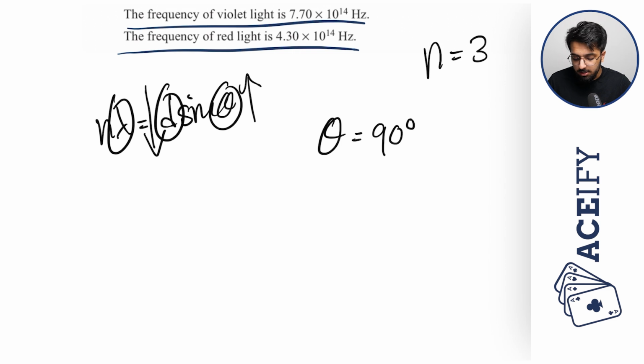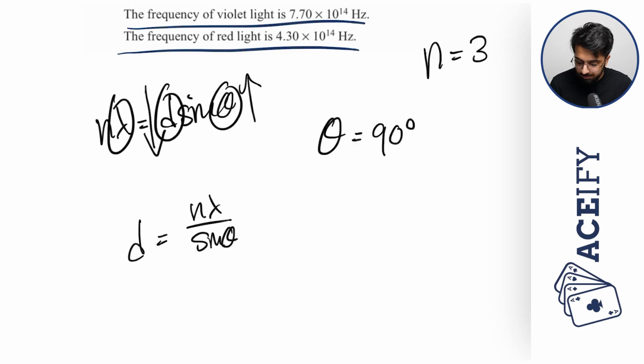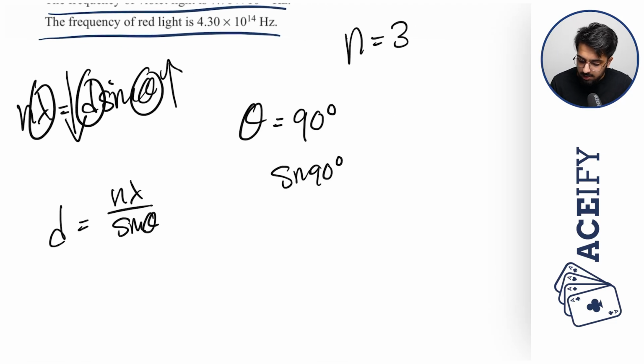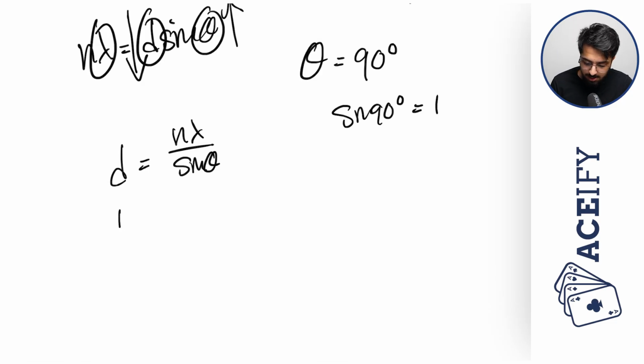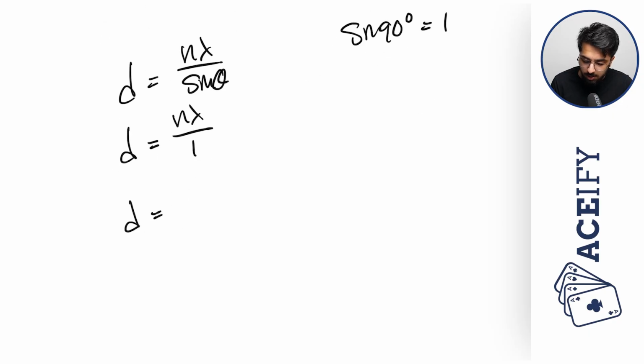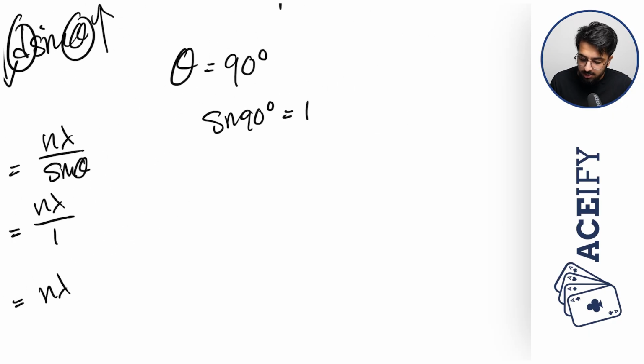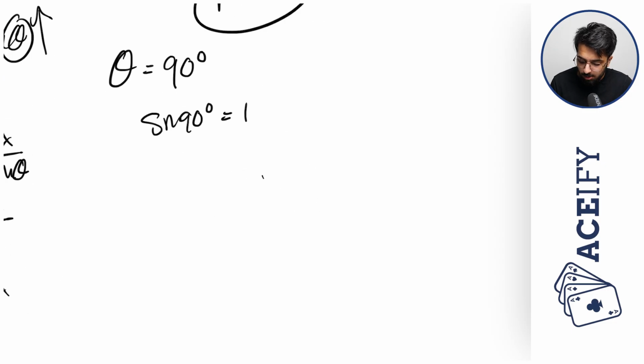Now we rearrange for d, and we get d equals n lambda over sine theta. Sine 90 degrees is equal to 1, so d equals n lambda. We established that n is equal to 3, but we do not know our wavelength.